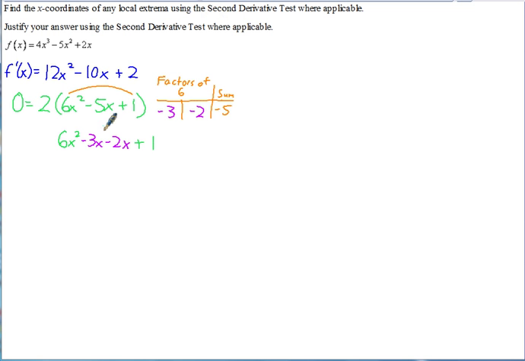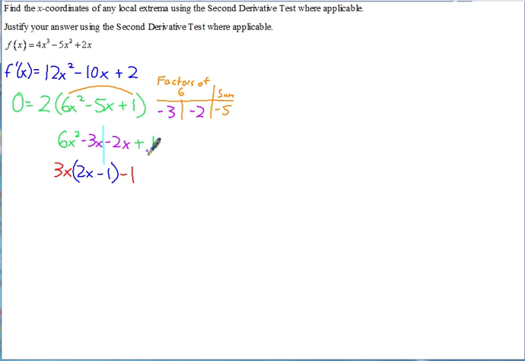And then you split it in half and group factor it. So the GCF of the first two terms would be 3x. And when you factor that out, what we'd be left with is 2x minus 1. And the GCF of the second two terms, well, there's nothing except the leading term is negative here, so you'd have to factor out a negative 1.